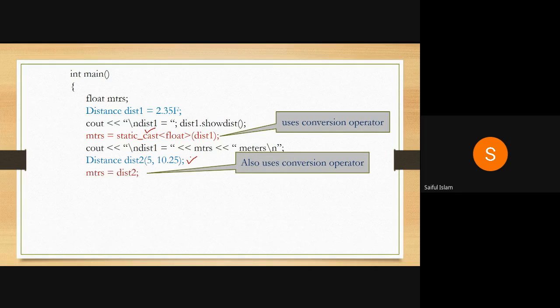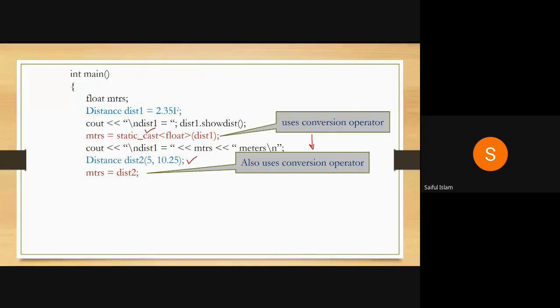So look at this one. Here I have meters distance 2. So it again uses the same conversion operator. Look at this one. Explicit call, implicit call. The first one I have written as static cast. It's an explicit call.